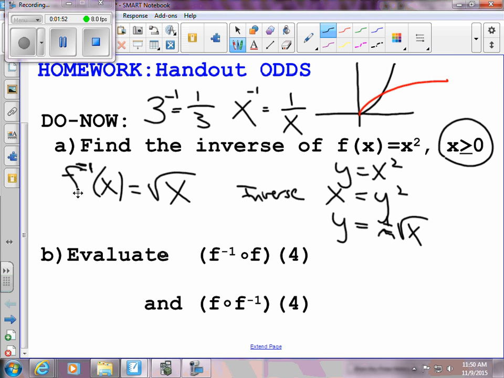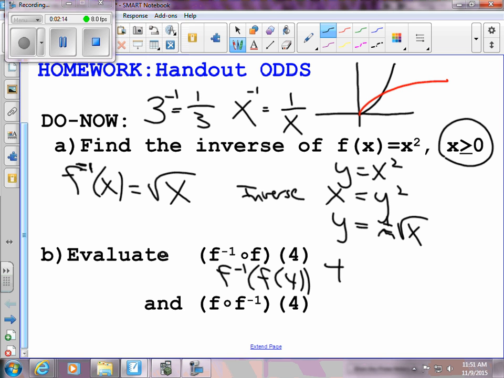Let's say we take 4, and which one am I going to plug it into first if it's written this way here? The function or the inverse? Well, you work your way backwards, right? This just means the inverse of f of 4. So first we plug the 4 into the function.